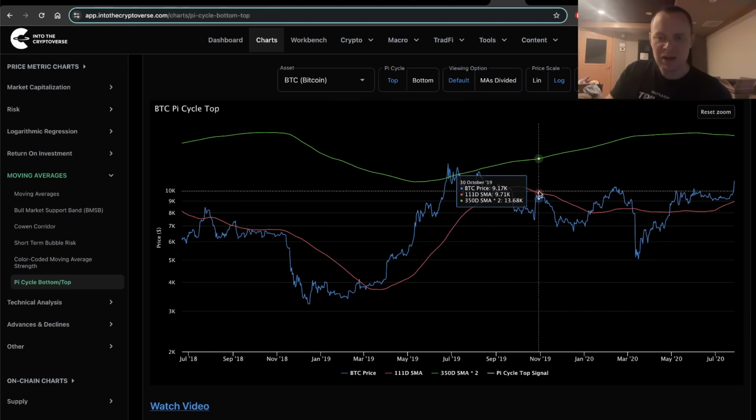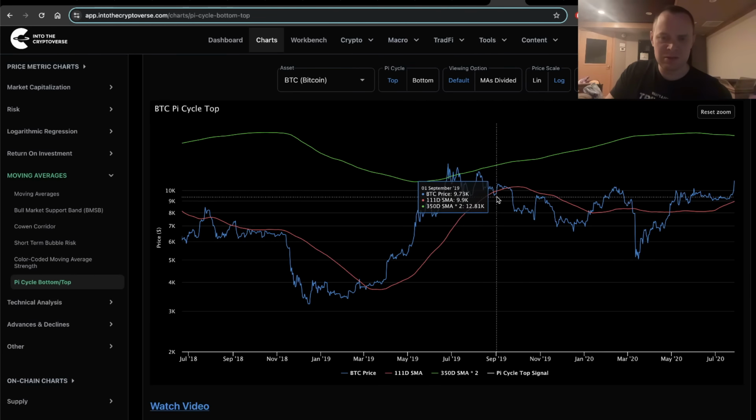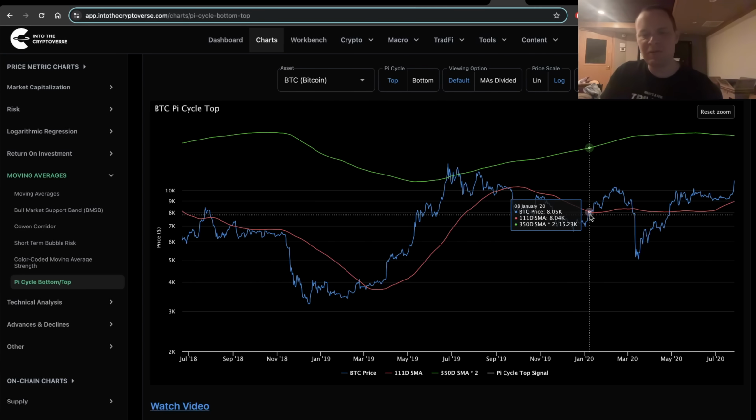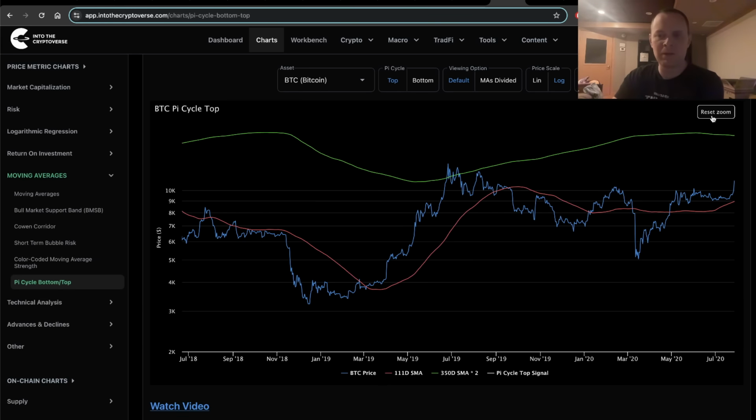Once it fell below the 111-day SMA durably, and not just a quick move below it, in September, it did not get back above it until January. So it was about 4 months later. And then, of course, we had a pandemic-induced recession, but it was about 4 months.